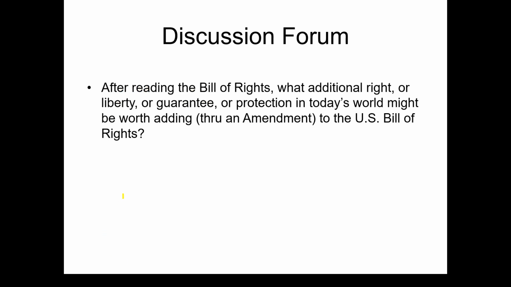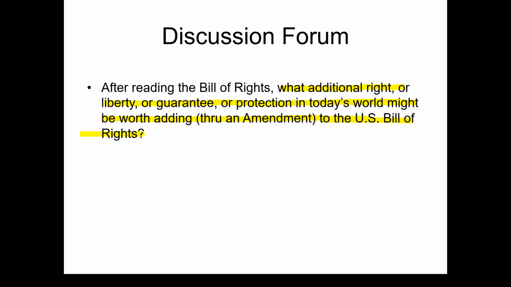So the discussion forum, in lieu of having the classroom lecture: we'll watch this video, read the Bill of Rights, and let's brainstorm it. We see what the Constitution has in our Bill of Rights, but the world has changed quite a bit. It's a lot bigger, a lot more complex, with a lot more technological advancement, so there might be some rights worth adding to the Constitution after all this time.